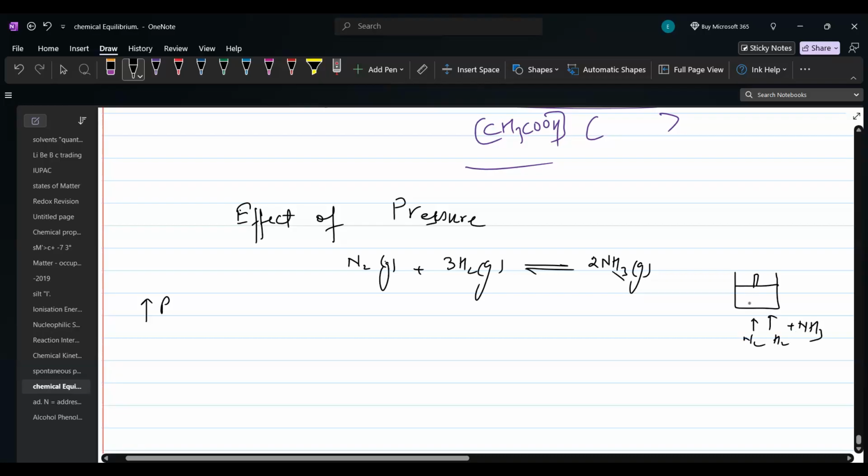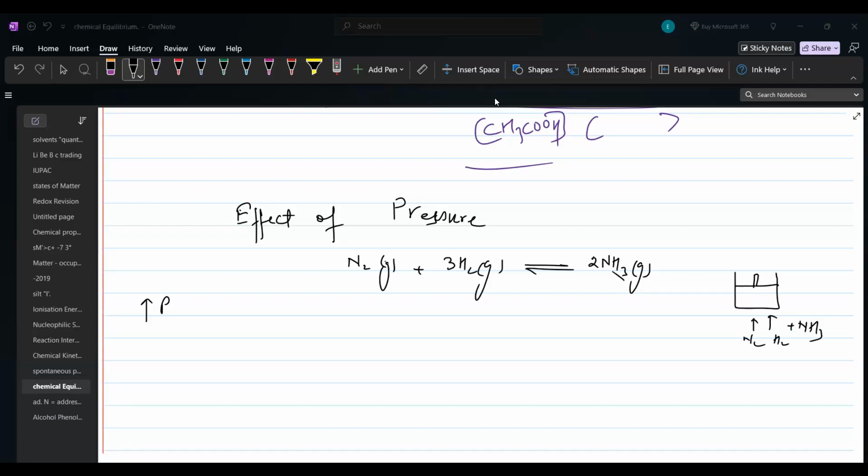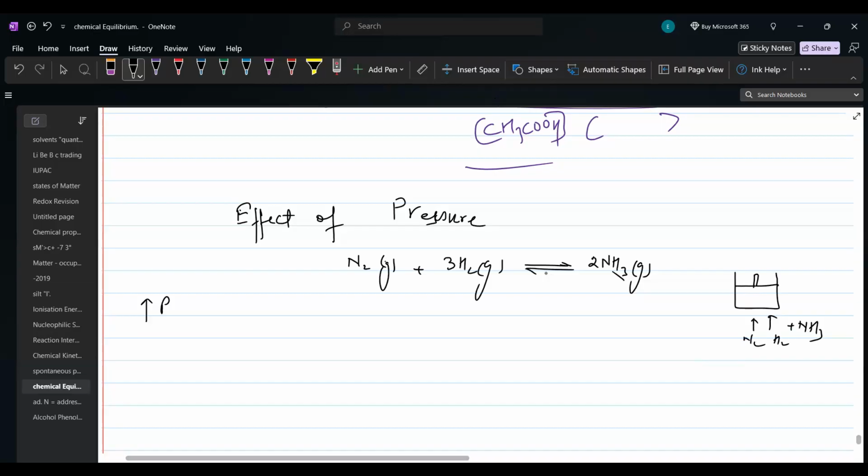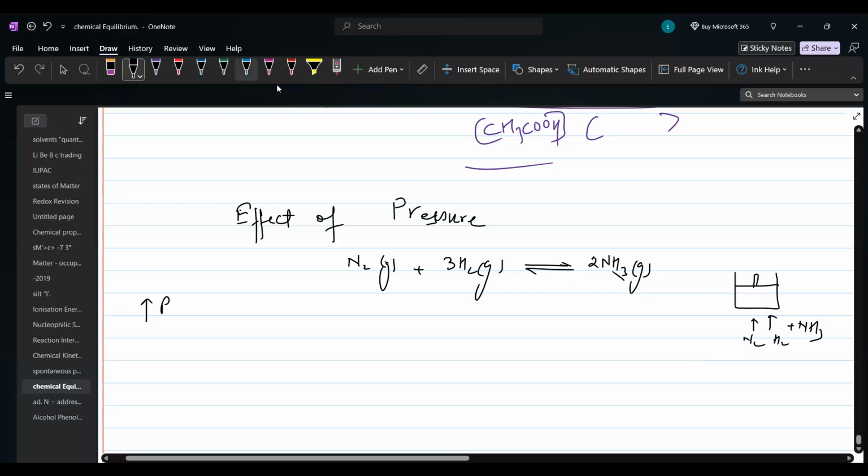So this container has nitrogen, hydrogen and ammonia as well. Three components are present in this system. We are increasing the pressure, which means we are moving the piston in the downward direction. Thus the pressure has been increased.